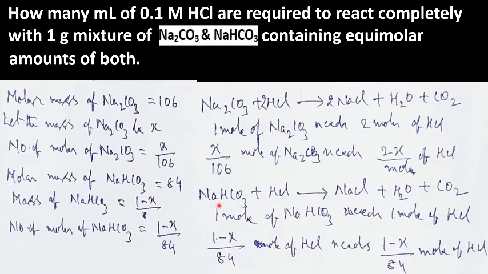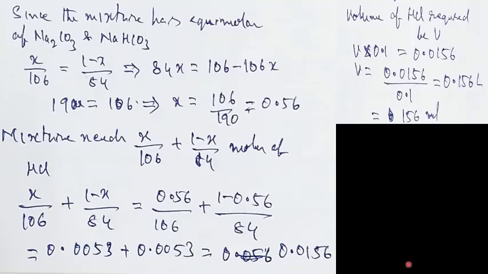Then the reaction between sodium bicarbonate and HCl is NaHCO3 plus HCl gives NaCl plus H2O plus CO2. In this equation, 1 mole of bicarbonate needs 1 mole of HCl. Therefore, (1 minus X) by 84 mole of bicarbonate needs (1 minus X) by 84 mole of hydrochloric acid. Now the continuation of the solution.